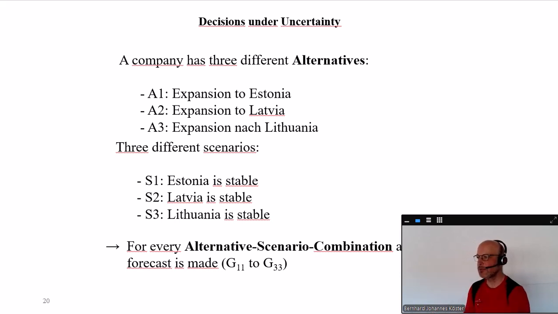Well, and then we can form the matrix of all alternatives in one direction, and in the horizontal direction, the scenarios. So we have 3 by 3, then we have 9 possible outcomes. And then let's say you have just started as a young guy in this company, and you should evaluate for all 9 scenarios some number for what will happen, for example, to the revenue of your company.